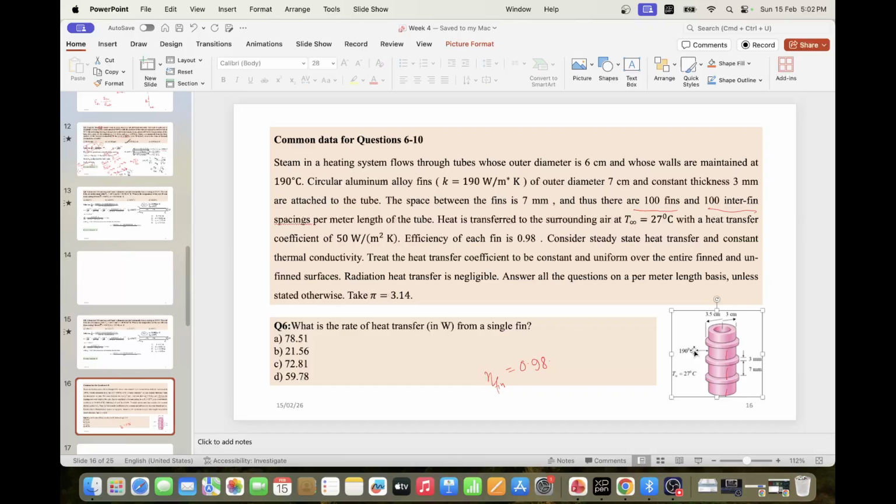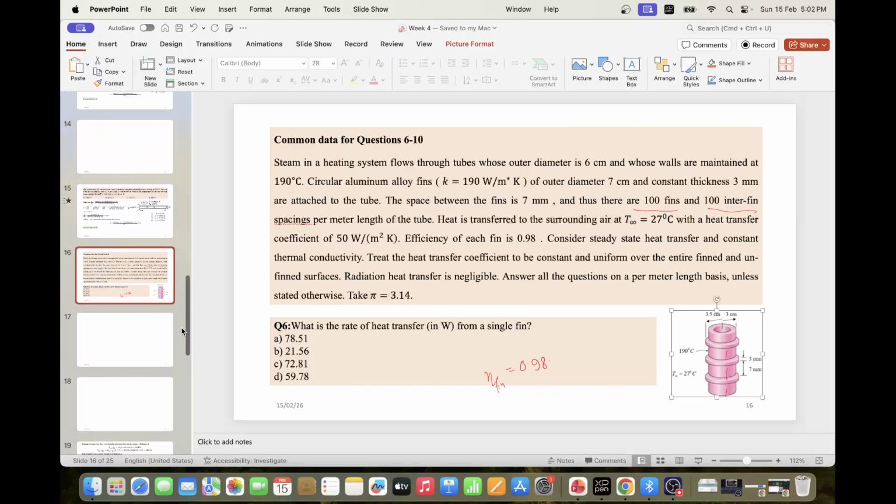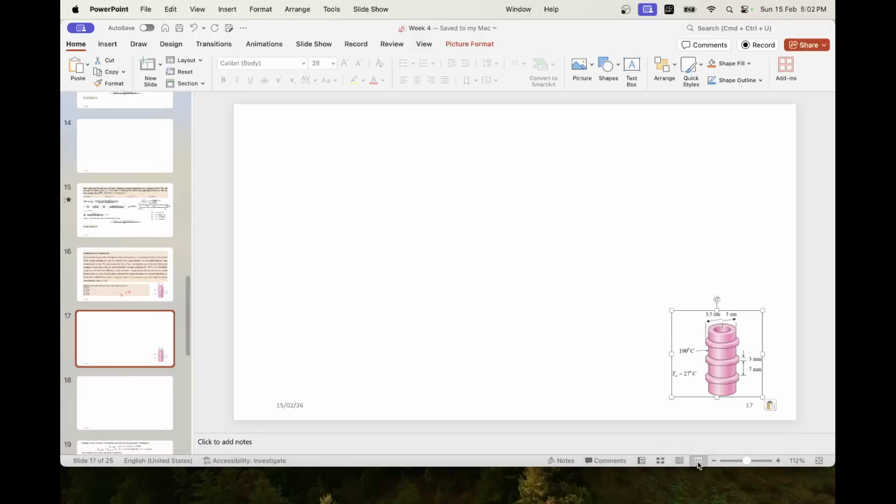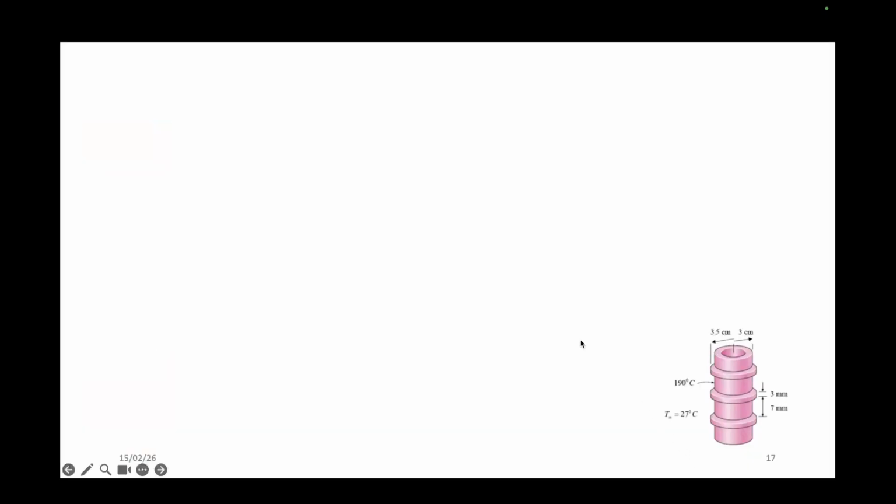For your understanding, I just copy it here. So I have the question with you. The first question is, what is the rate of heat transfer from a single fin?